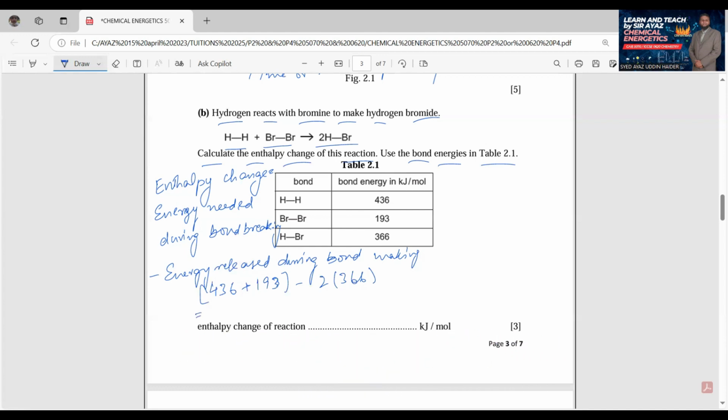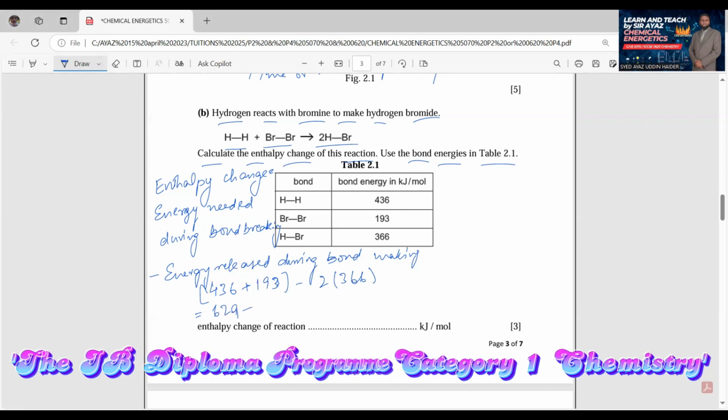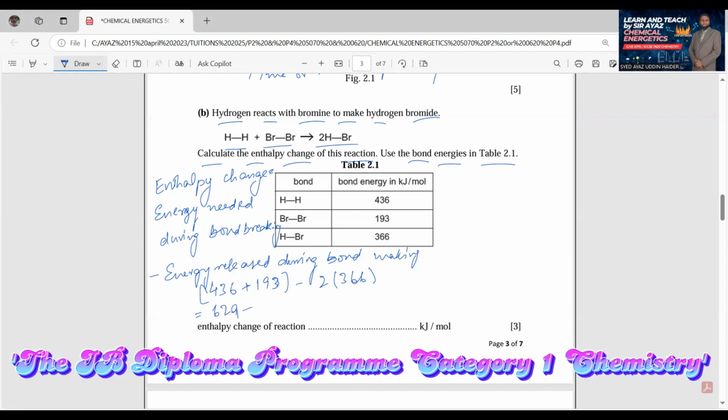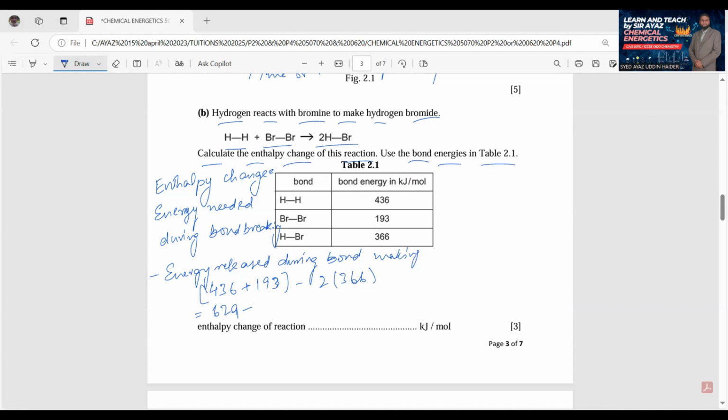So 436 plus 193 is 629, minus 2 multiplied by 366, 732.